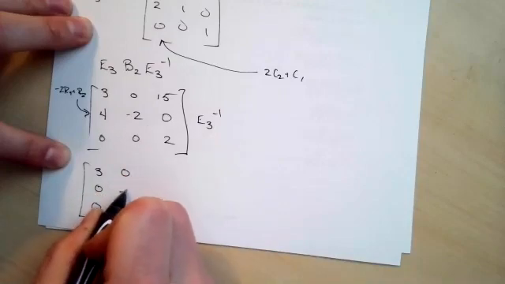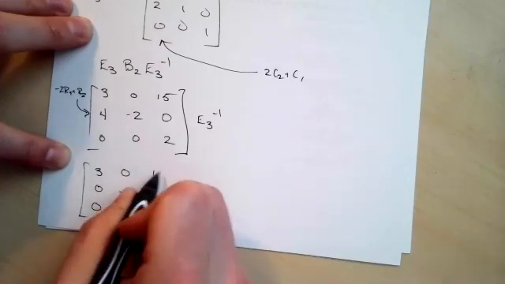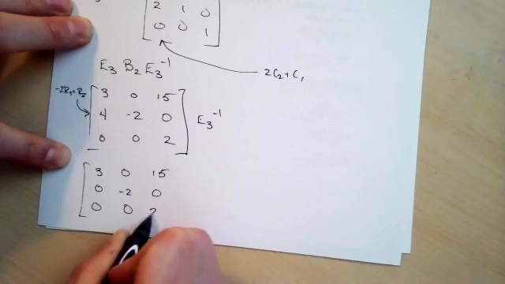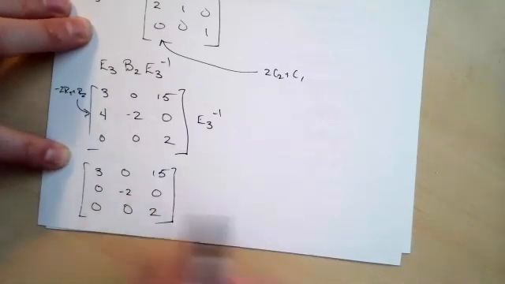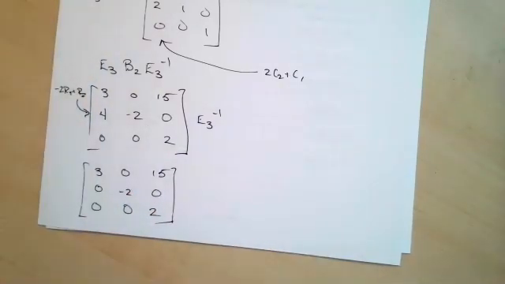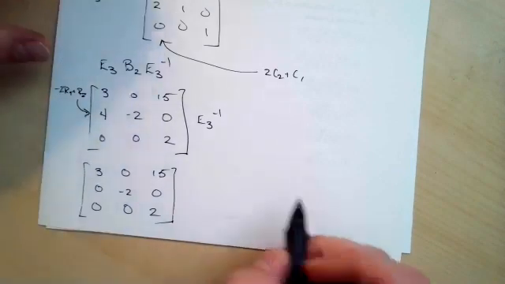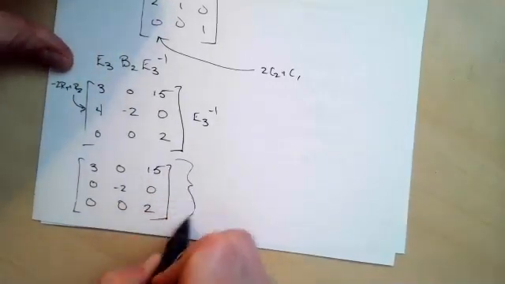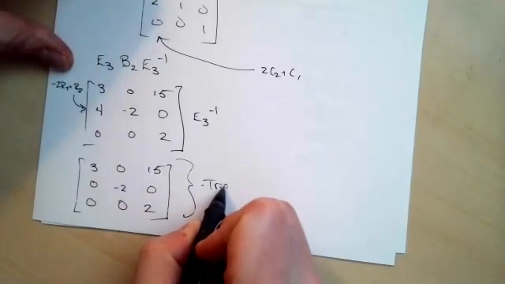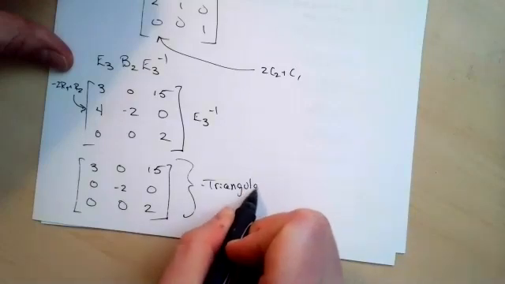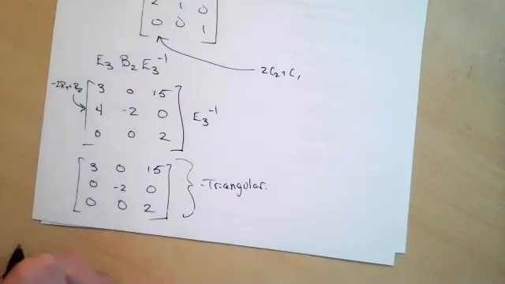And then all the other columns aren't going to change. And so this guy is triangular, which is great. That's what we want.